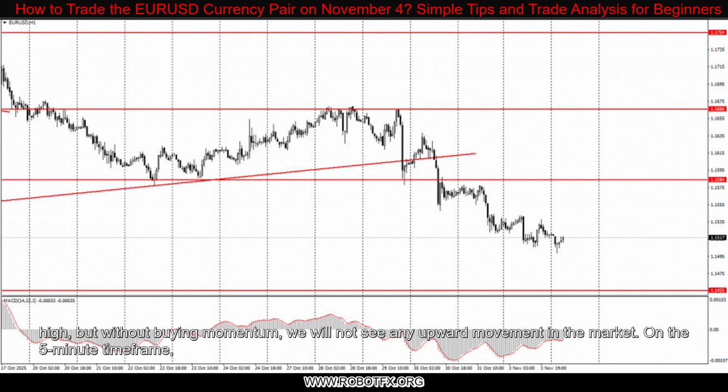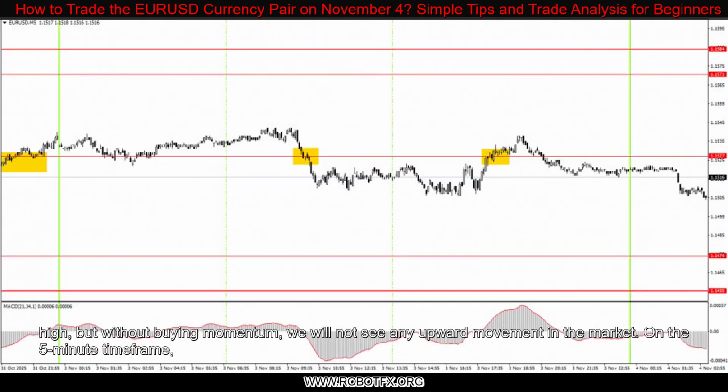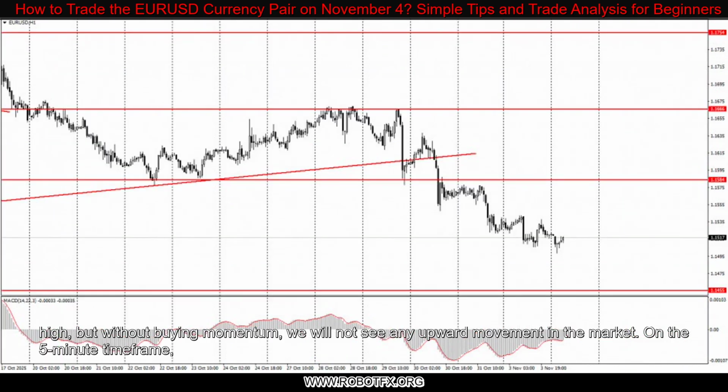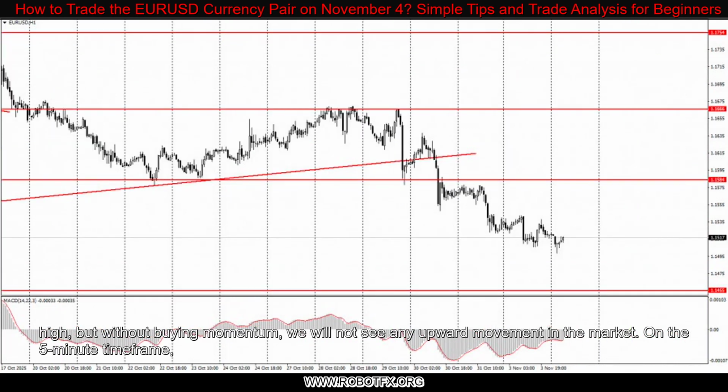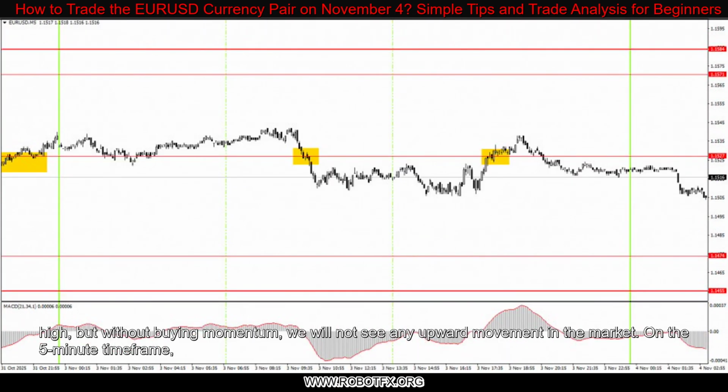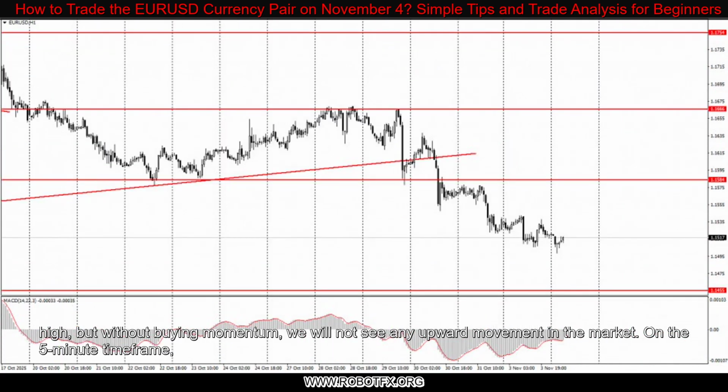On the 5-minute time frame, trading can occur at the following levels: 1.1354-1.1363, 1.1413, 1.1455-1.1474, 1.1527, 1.1571-1.1584, 1.1655-1.1666, 1.1745-1.1754, 1.1808, 1.1851, 1.1908, 1.1970-1.1988.